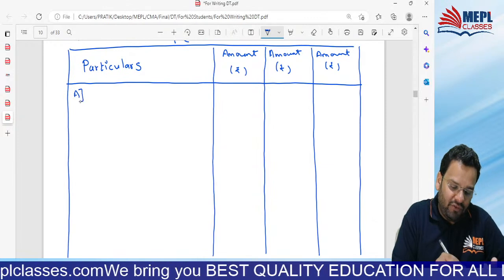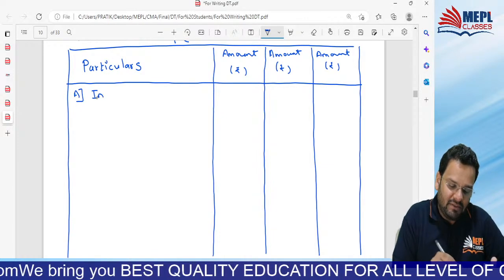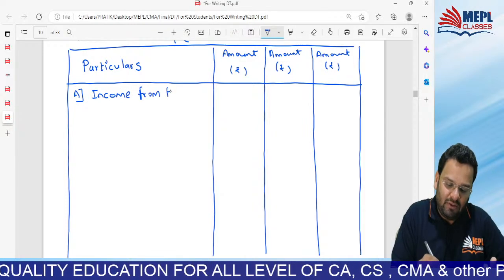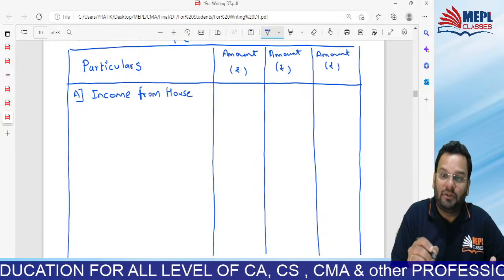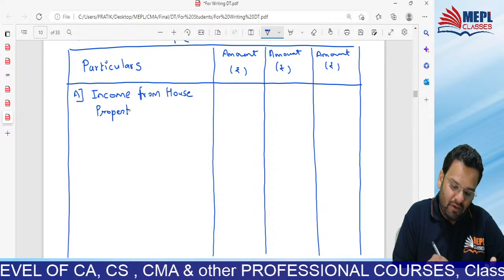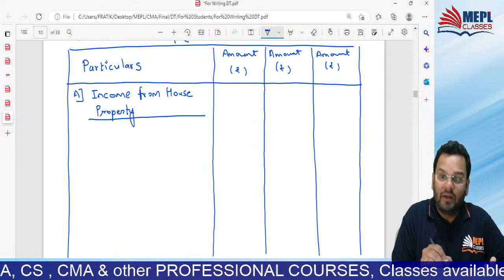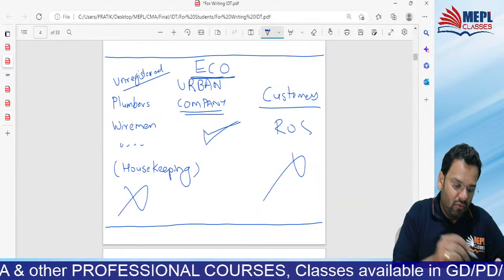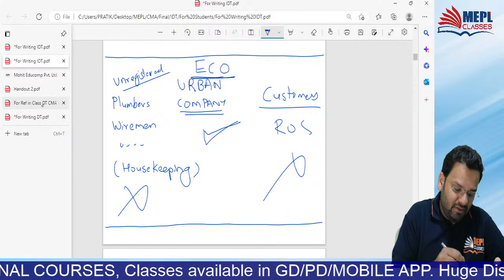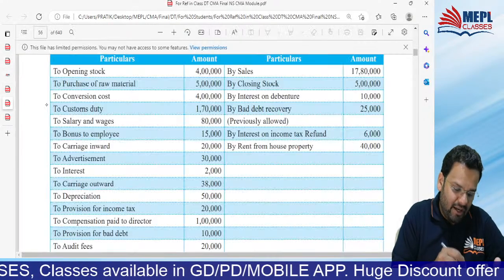So the first head of income that you have here is income from house property. Are you starting with income from house property? Come on, guys. In income from house property, what is the first thing that you have? What is the gross annual value? Check and tell me.